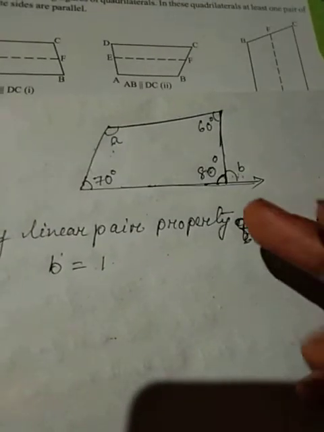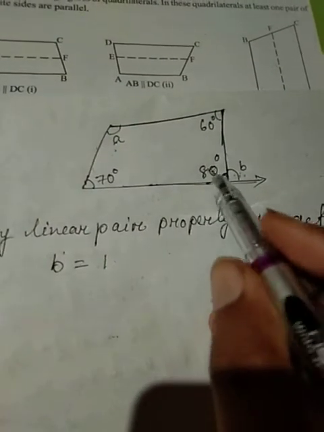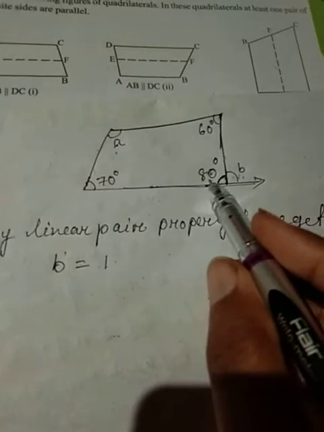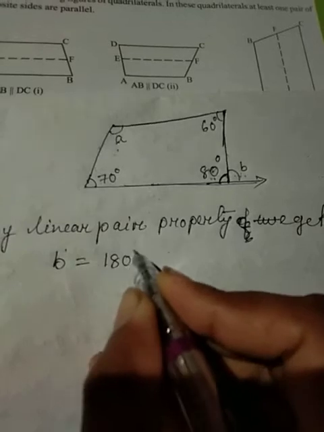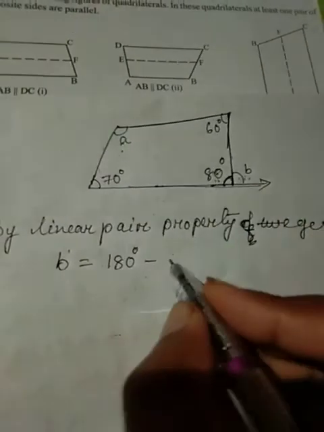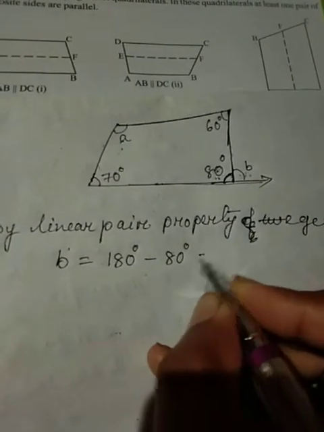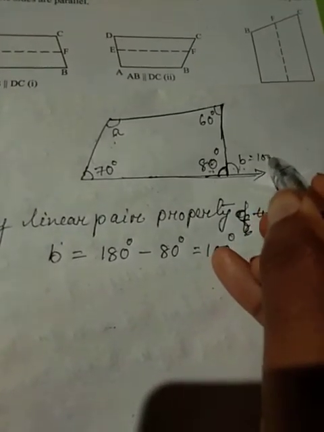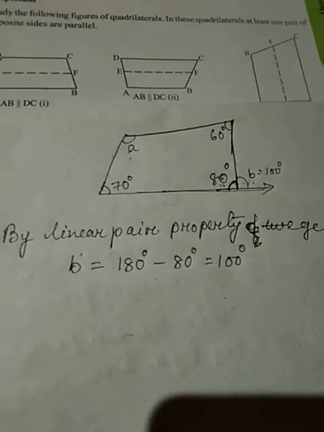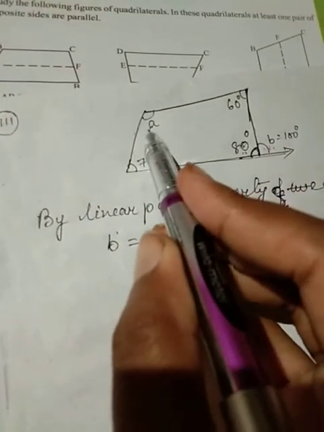Mistakenly I did not write this. So here the value, this angle is 80. So 180 minus 80 equal to 100. The value of B is equal to 100. We find this. Now we find the angle A here.